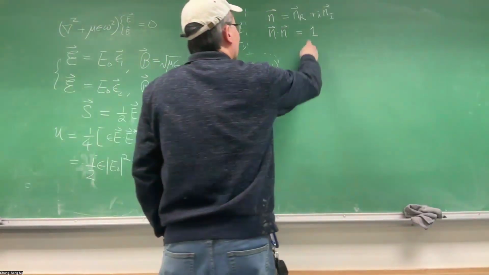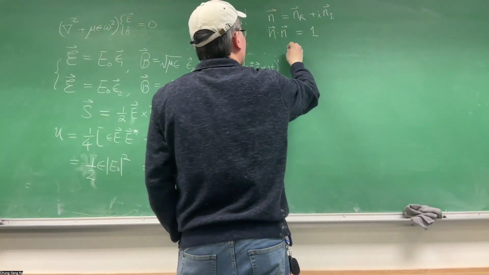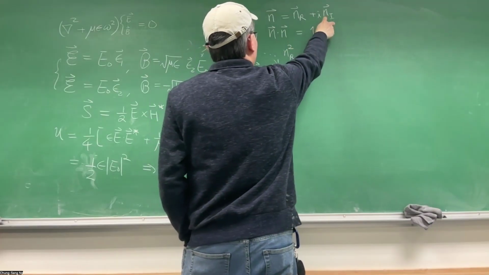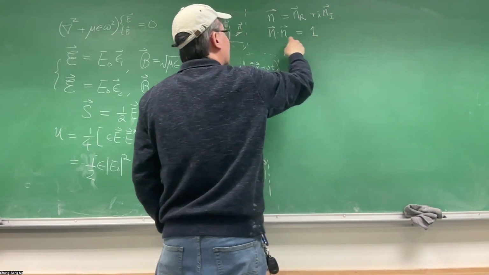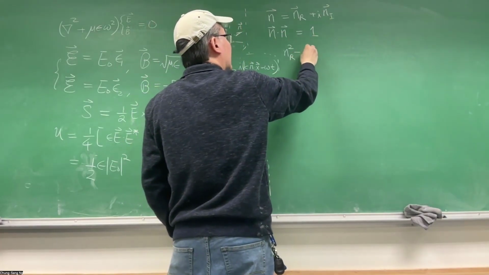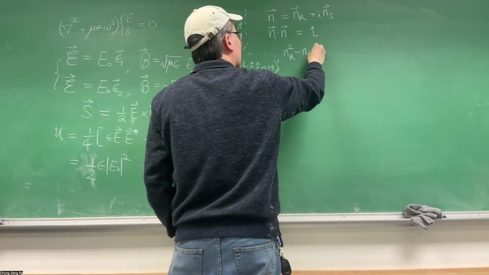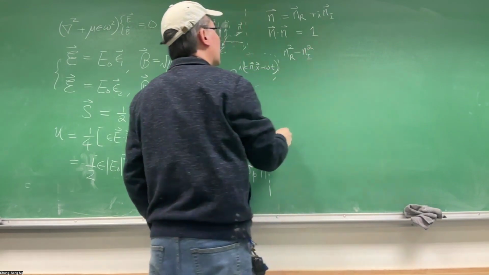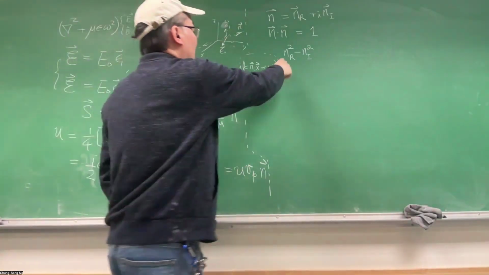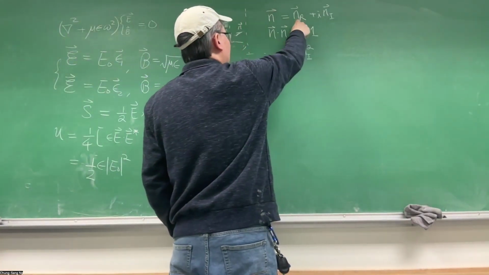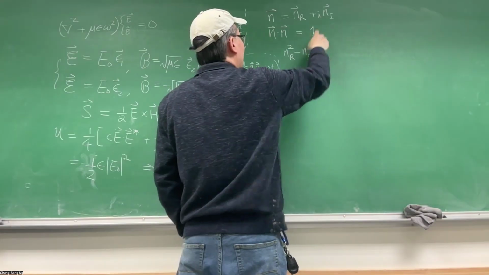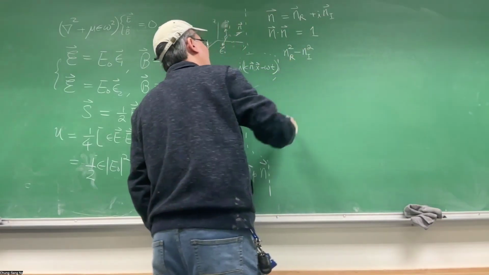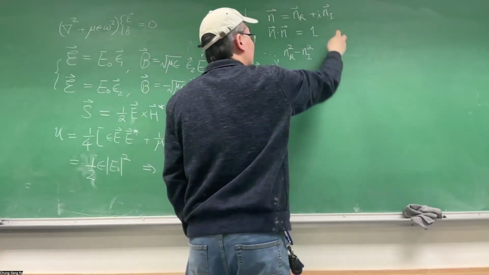So substitute this into here, so you have N_R squared and N_I dot into itself becomes minus N_I squared. Right. This N_R is the magnitude of N_R, N_I is the magnitude of N_I. Now these are not necessarily unit vectors.